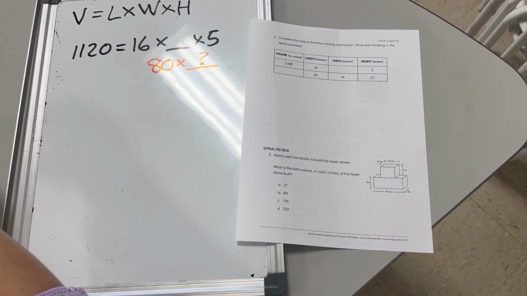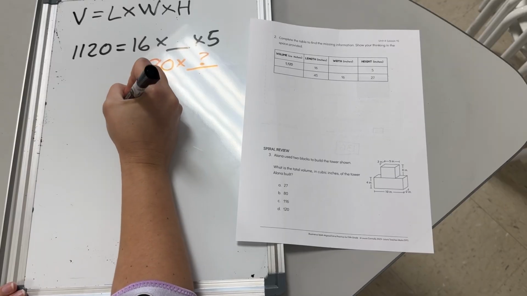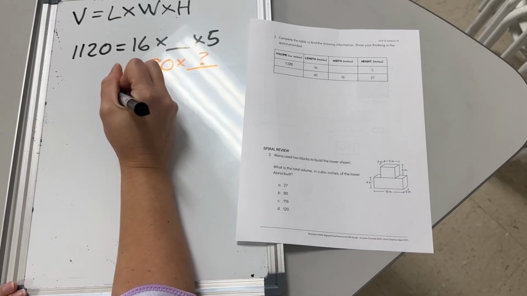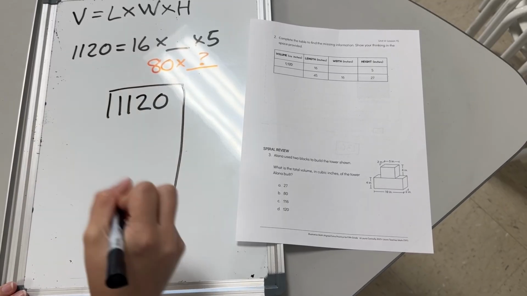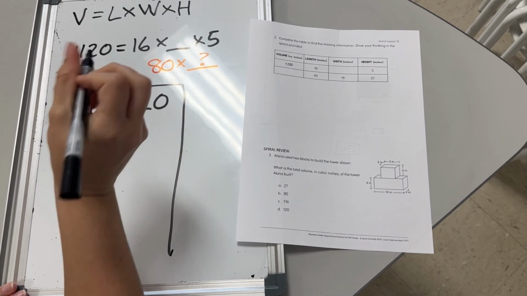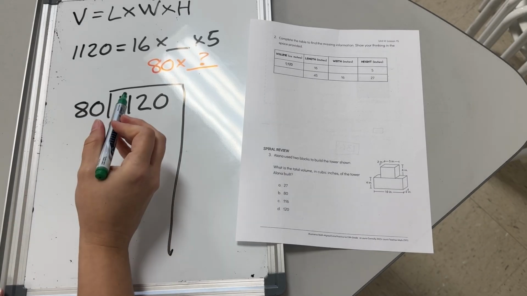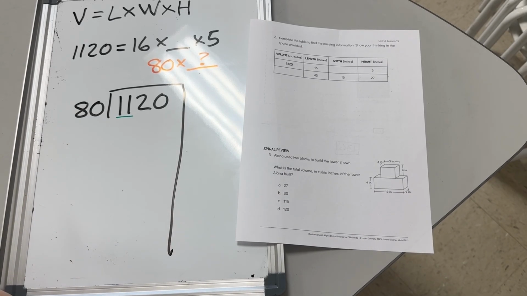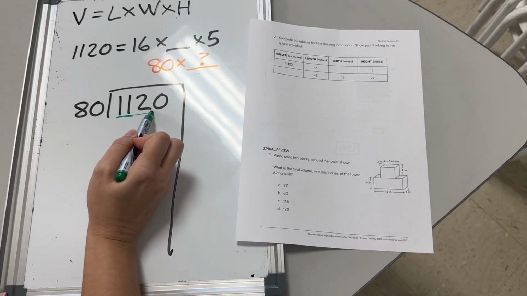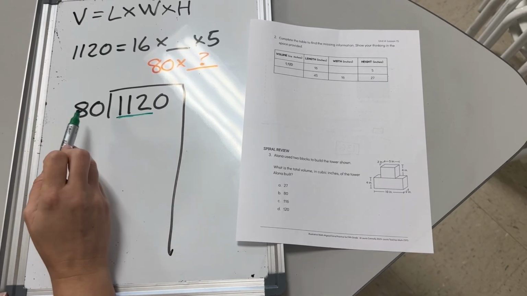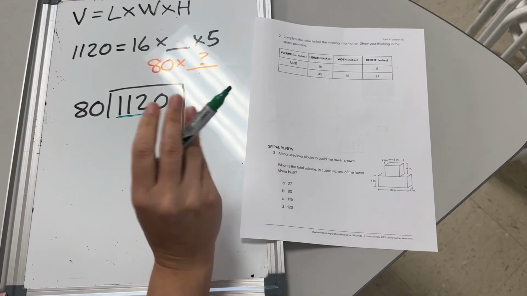So let me go ahead and set that up. 1,120 divided by 80. I'm going to start by underlining the first two digits, and it's only 11. So now I know I need to look at the first three digits. And 80 can only go into 112 one time.